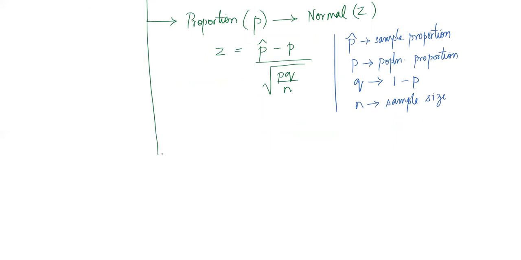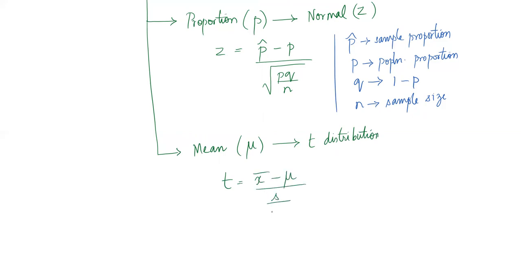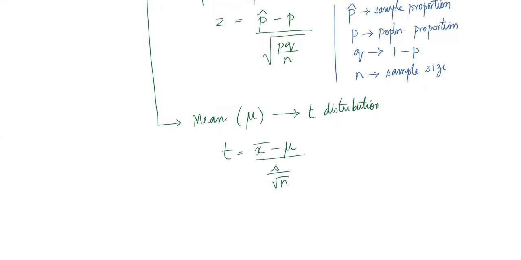Next, we have the mean, population mean, mu. If you are using the t-test, t-distribution, the formula is t equals x bar minus mu over s over root n. Again, if you recall, this was your CLT, central limit theorem.